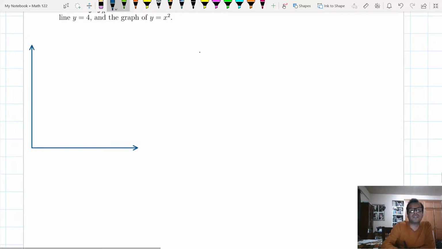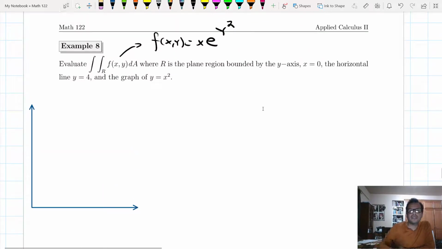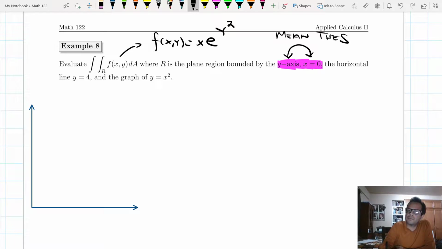All right, and then they're telling us that the plane region is bounded by the y-axis or x equals 0. So the y-axis itself, I'm going to highlight this. It's worth mentioning that these two sentences mean the same. x equals 0 is the y-axis, and then the horizontal line, y equals 4.